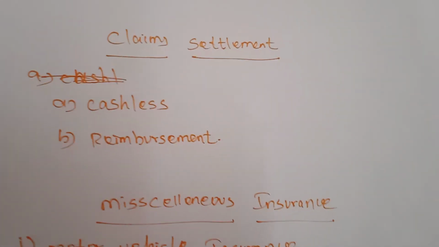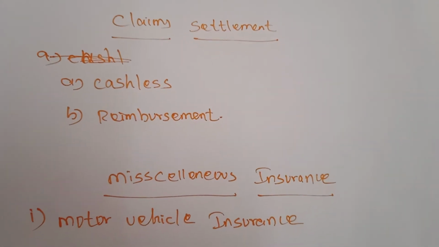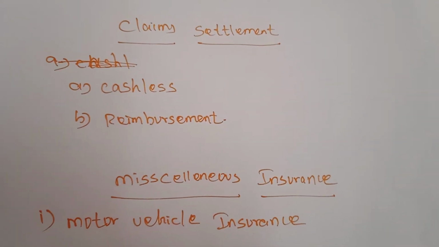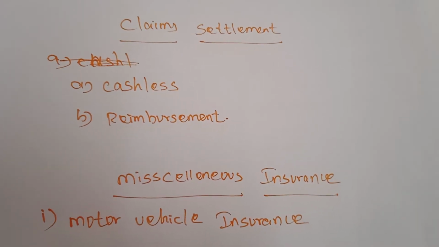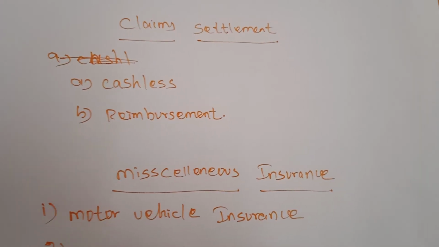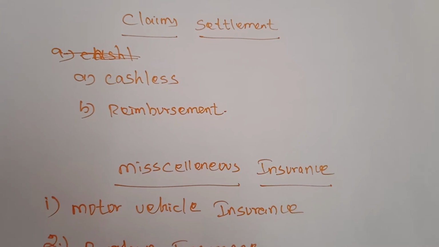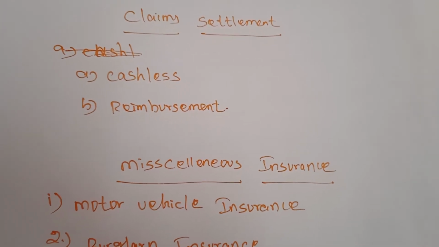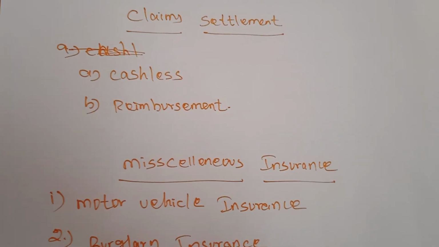Most of the hospitals will not claim the fees from the insurance companies. So first of all, the patient or the assured has to pay the amount to the hospital. After that, by submitting the hospital bills to the insurance company, the assured can claim the insured amount from the insurance company.